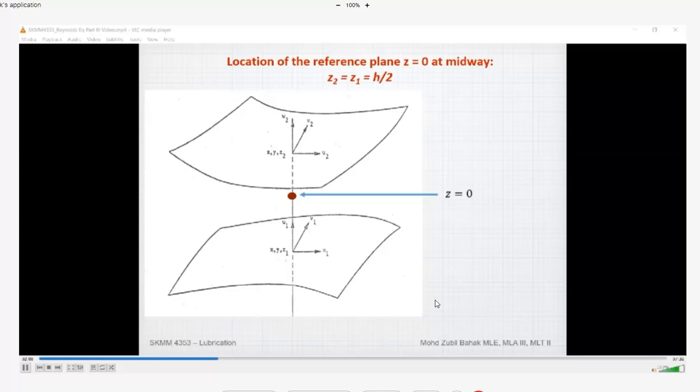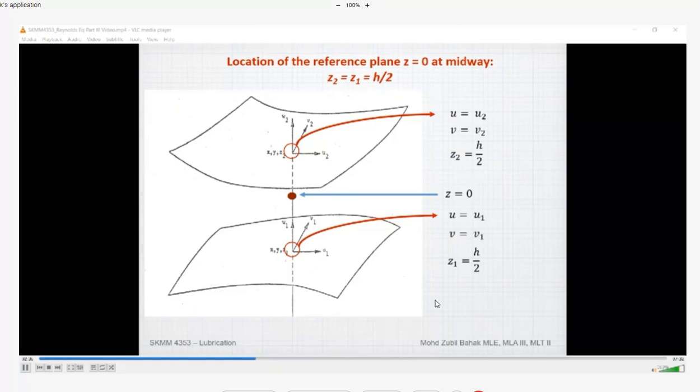We need the boundary conditions to be put into the general equation that we derived in the previous video. At point 1, we have u equal to u1, v equal to v1, and z1 equal to h divided by 2. It is the same at point 2 on the upper surface. They have 3 boundary conditions there.